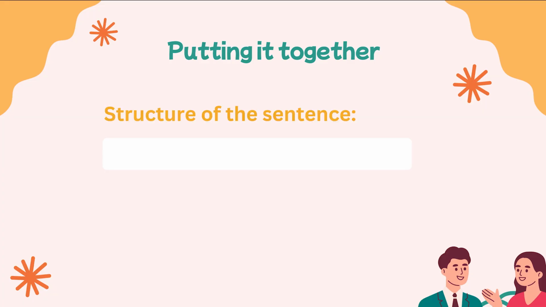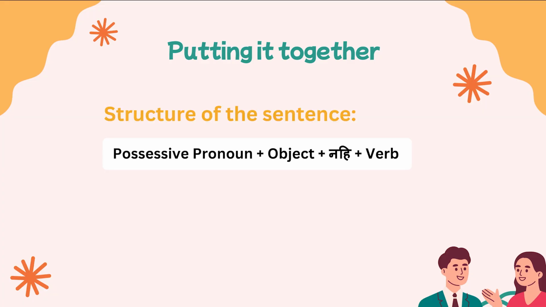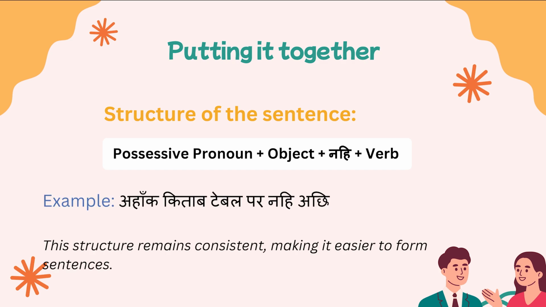Now if we put it all together, what becomes the structure of the sentence? We need to use possessive pronoun plus object or whichever noun it is, and then nahi and verb. That would be the normal structure of a sentence having a possessive pronoun, subject or object, and then a verb. So अहाँक किताब टेबल पर नहीं अछि.